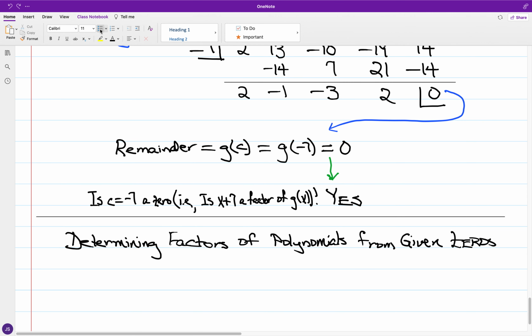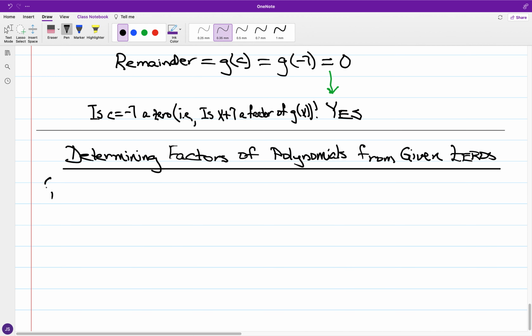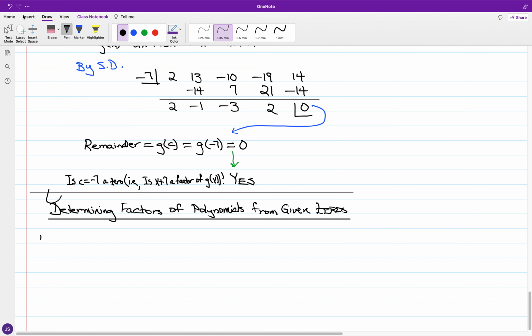Okay, let's give you a couple of cases here. If you're looking at factoring, we have a trinomial expression.